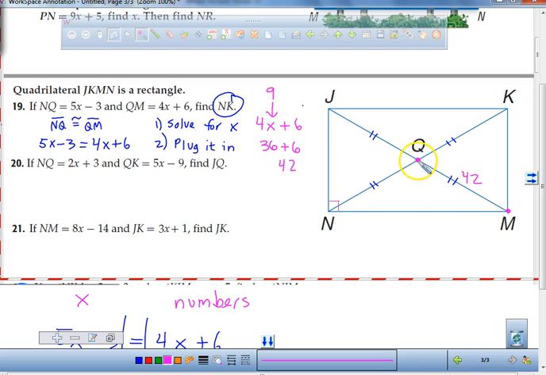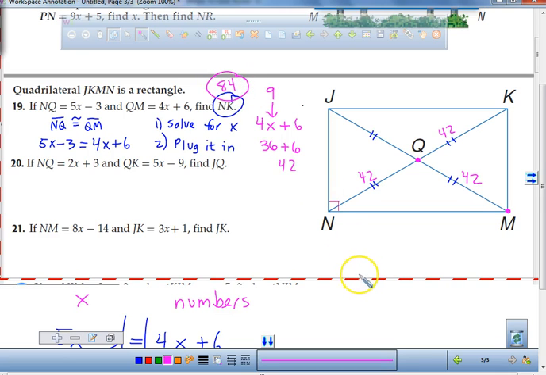What's the distance from Q to N also going to be? 42. But this says find what? N to K. So what is the distance from N all the way to K? Well, if that's 42, what does this also have to be? 42. So what's all the way across? 84. So your final answer for number 19 is 84.